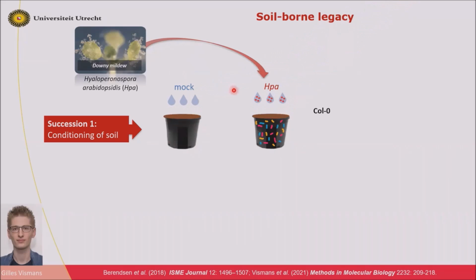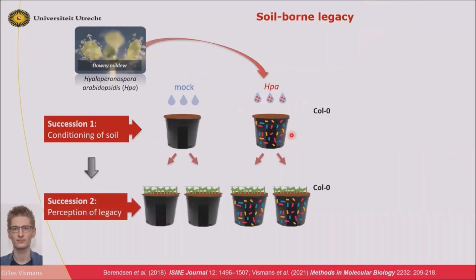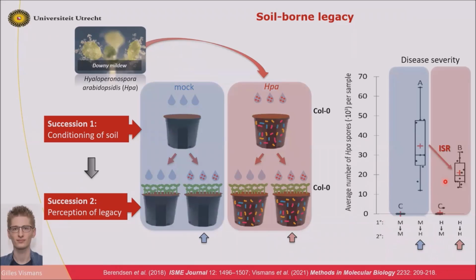Then we take away those plants and we grow a next generation of plants in those conditioned soils. So you have soil that was conditioned by healthy plants, and soil that was conditioned by diseased plants. Then you grow new plants in that soil, and you inoculate them again with the downy mildew pathogen or not, and then we score for disease symptoms. In this case, we scored for the number of downy mildew spores produced on the plants, and that is significantly reduced on plants that grow on a soil that was previously grown with downy mildew infected plants.